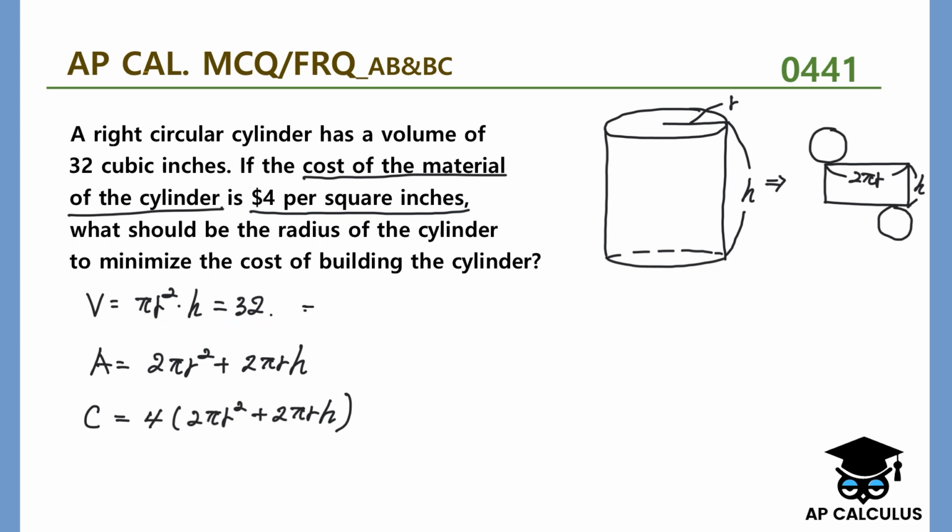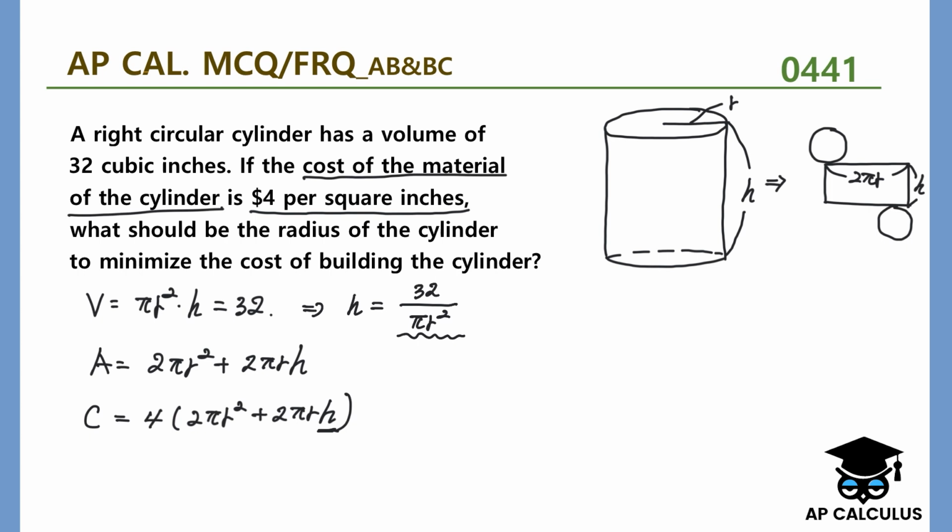Let h be equal to 32 over pi r squared. If we solve for h in terms of r and substitute this expression for h, then our cost will be an equation in terms of r only.